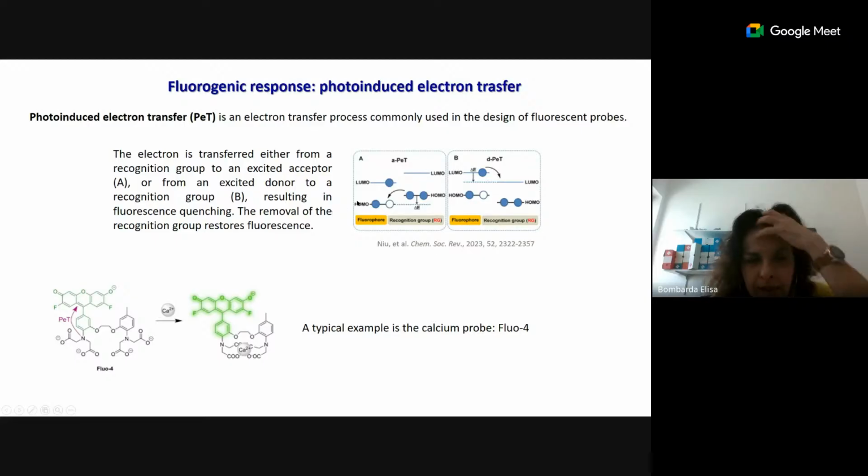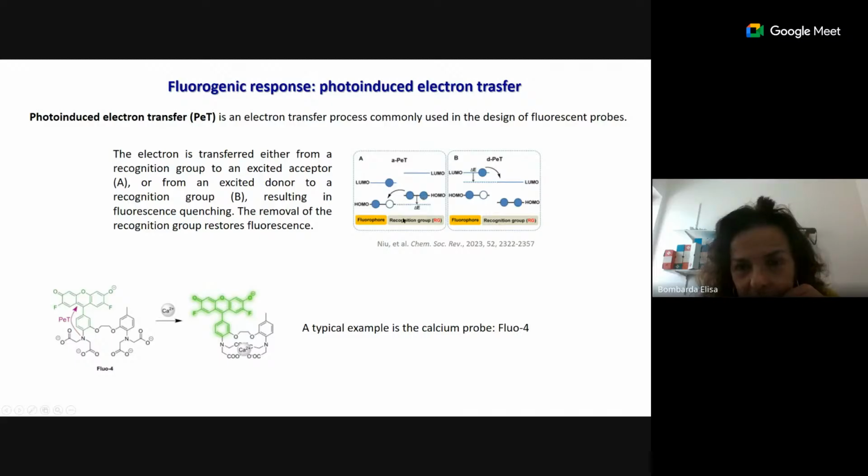And so here you have, for example, two examples. In this case, the electron, so photoinduced, that is a consequence of the excitation, is transferred either from the recognition group to an excited acceptor, or from an excited donor to a recognition group, resulting in fluorescence quenching.